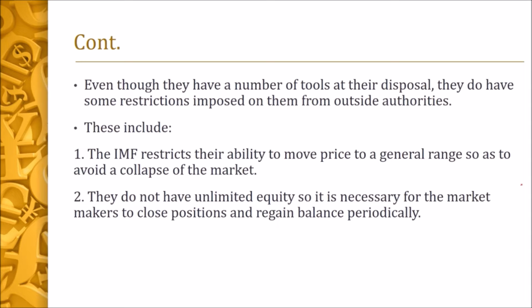So even though they have a number of tools at their disposal, they do have some restrictions imposed on them from the outside authorities. These include the IMF, which basically stands for International Monetary Fund. The IMF restricts their ability to move price to a general range so as to avoid a collapse of the market.